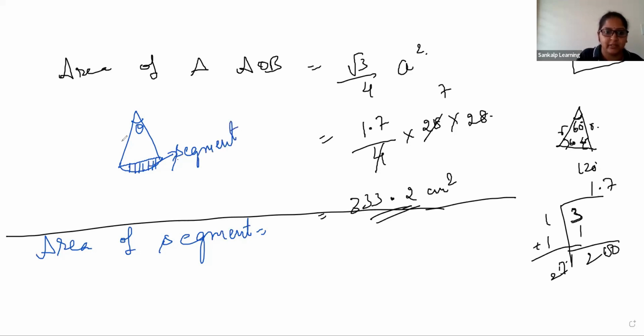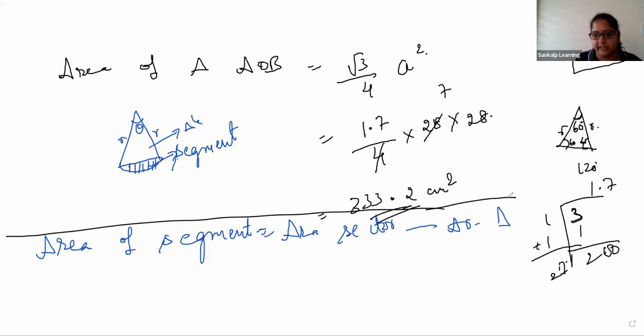This is the segment, correct? This is R, this is the triangle. We have already found the area of the triangle and the area of the sector. To get the segment, if we subtract the triangle from the sector, we get the area of the segment. Understood? So area of the sector minus area of the triangle.